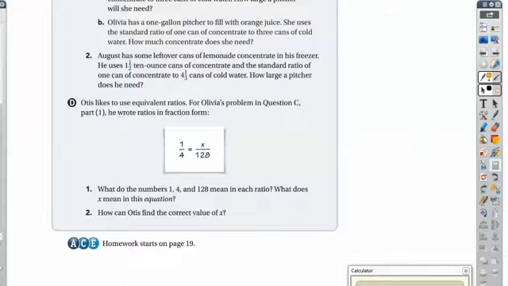All right. So, connected math. If I look at 4 and 128, is there a scale factor that would relate those two together? David? So 4 times 32 is 128? Yeah, okay. So my scale factor is 32.